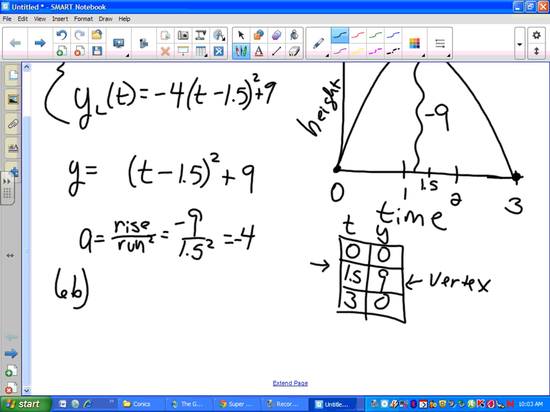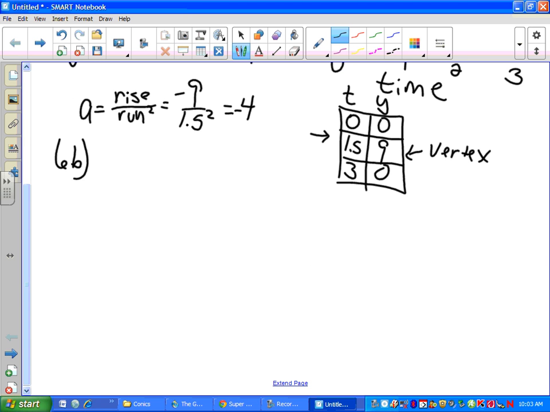6B: an albatross is chasing Luigi. I haven't played this game ever, so I don't know about an albatross chasing Luigi, but here he is. An albatross is chasing Luigi while flying at a height of 12. Okay, right there I know height of 12. Height is going to have something to do with y. A forward speed of -7 feet per second.